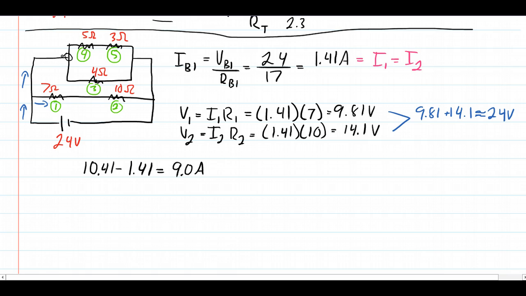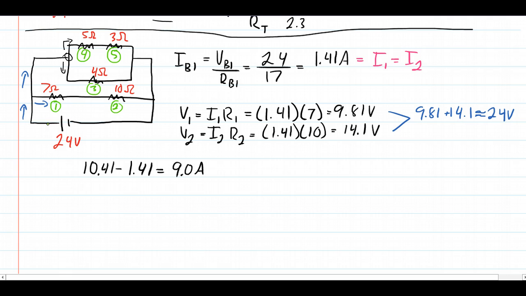But right here, that current splits again. Part of the current is going to go down, part of the current is going to go up. But the other thing that I know, because of what we discussed with voltage, is that in one continuous loop, our voltage drop has to equal the total voltage of our battery.